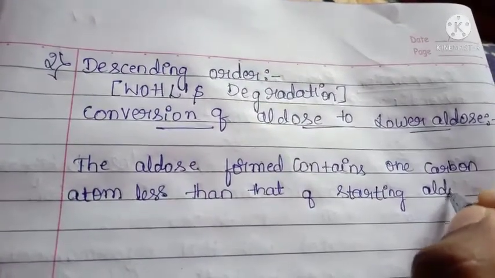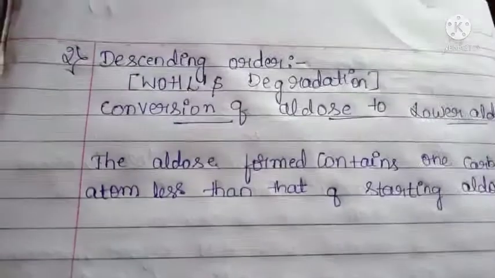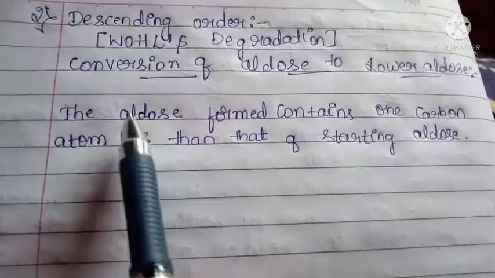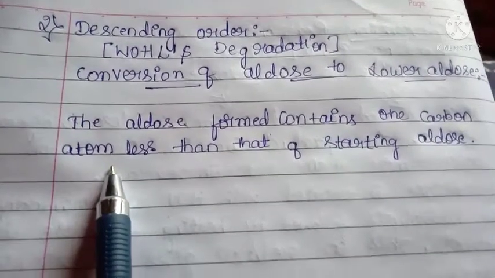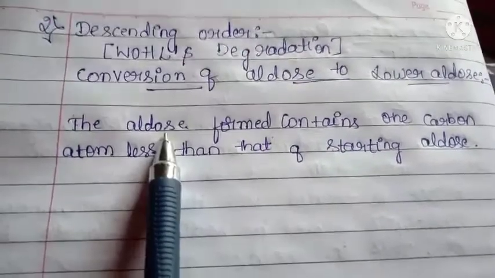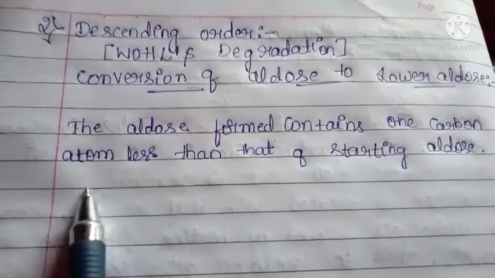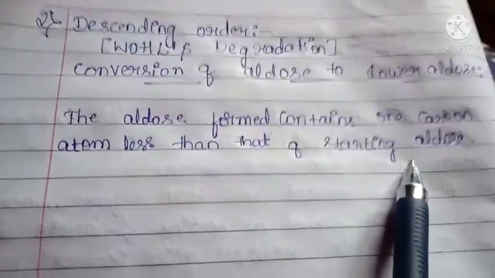Okay, here you have to say this: the aldose, it means the reactant, should contain one carbon atom more. The product formed contains one carbon atom less than that of the starting aldose.